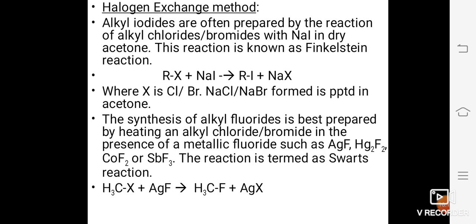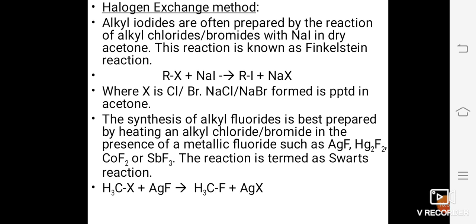The last one is by halogen exchange method. Alkyl iodides are often prepared by the reaction of alkyl chlorides or alkyl bromides with sodium iodide in acetone, and this reaction is known as Finkelstein reaction. That is, an alkyl halide RX, which can be a chloride or a bromide, if treated with sodium iodide, gives alkyl iodide and the sodium halide.